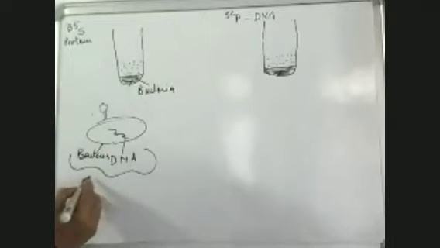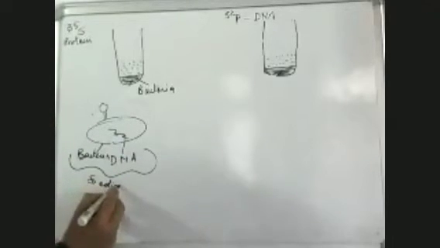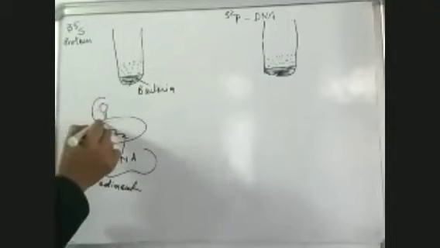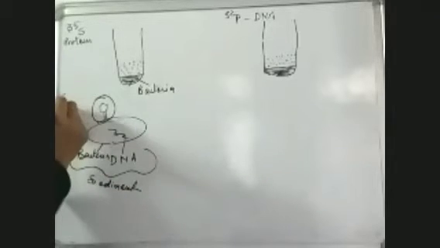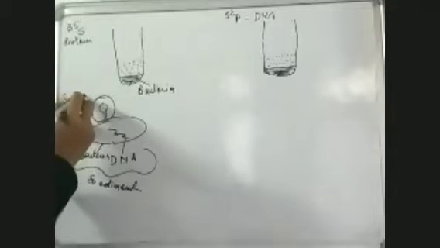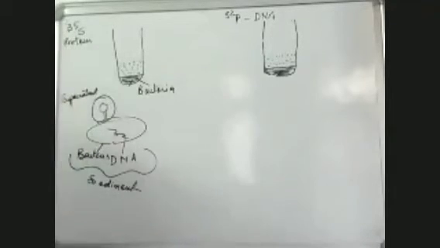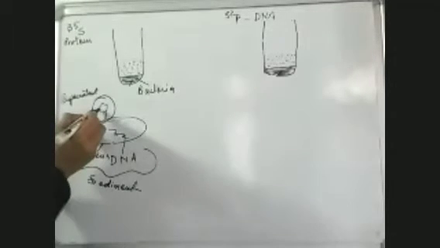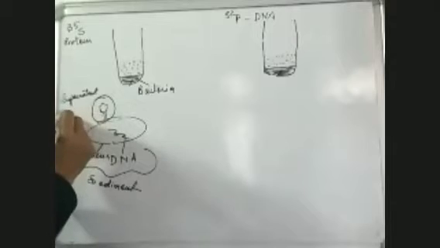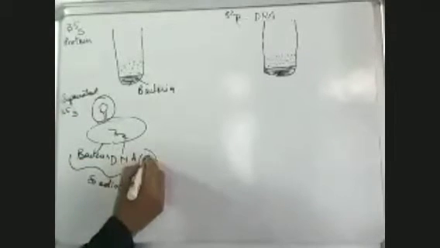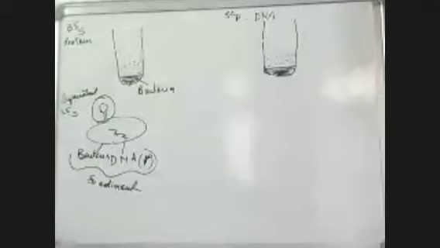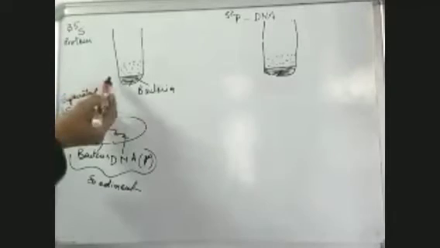So all this you will find in the sediment, whereas only the protein coat you will find in the supernatant. Now the protein coat is labeled with S35, and the DNA is labeled with P32. In this case, the protein coat is labeled. In this case, the DNA was labeled.